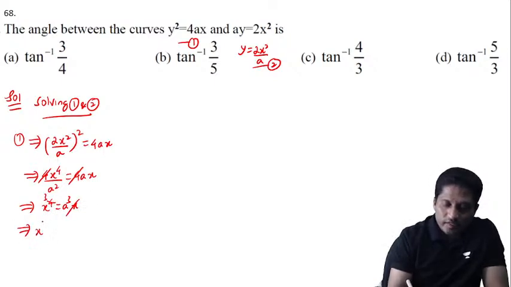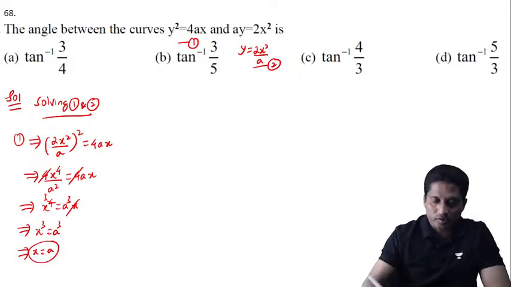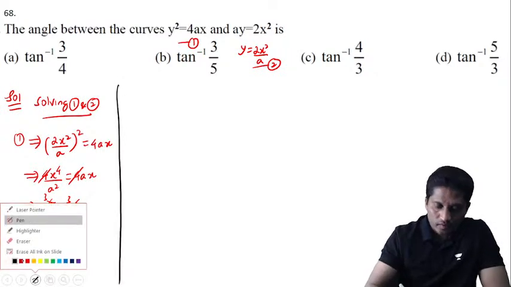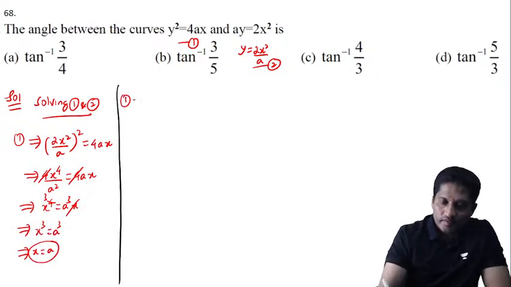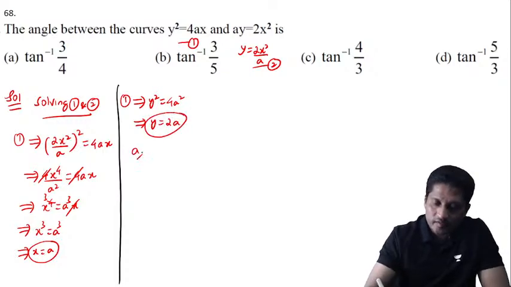So x cube is equal to a cube, right? x cube is equal to a cube means x is equal to a. Right, if I substitute in equation 1, you will get y square is equal to 4a square. That is y is equal to 2a. This point is (a, 2a).